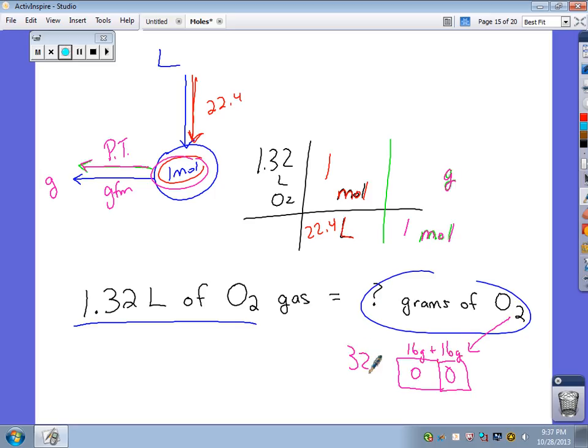That's 32 grams equals 1 mole. So 32 grams go here. And how do you do your math? 1.32 divided by 22.4 times 32 equals 1.89. And how am I going to label my answer? In grams, because that's what I want to know of O2.